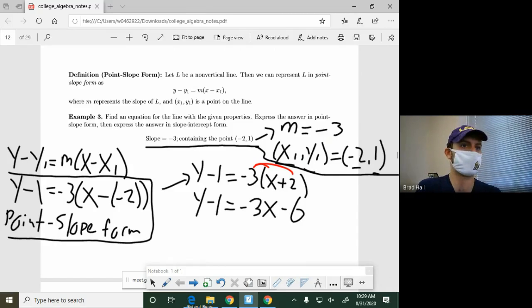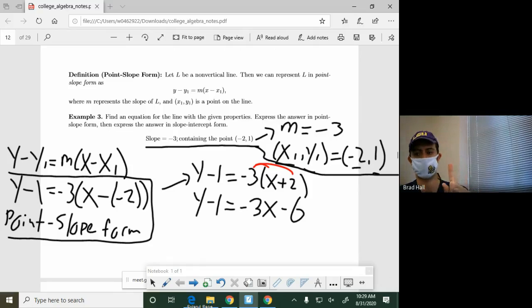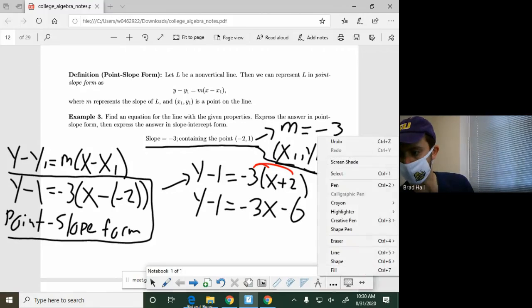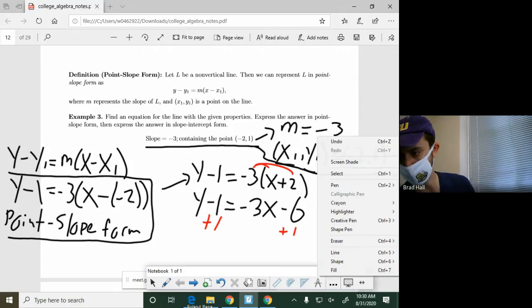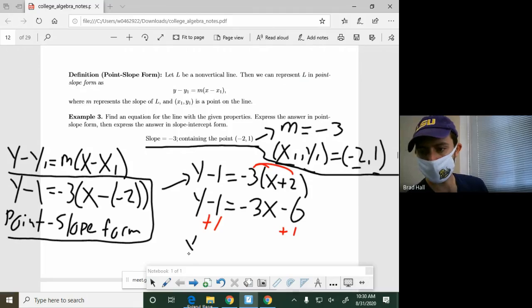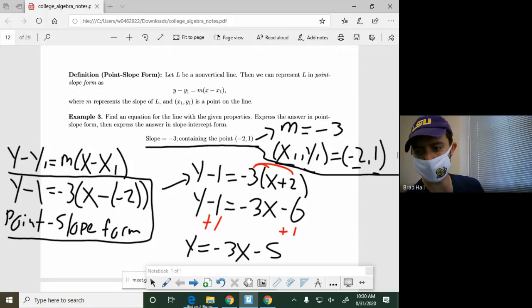Finally, this is not in slope intercept form. One of the characteristics of slope intercept form is that y has to be by itself on one side of the equation. Obviously, y is not by itself. There's that -1 in the way. So naturally, we use a little bit of algebra: add 1 on both sides. y is equal to -3x minus 5.